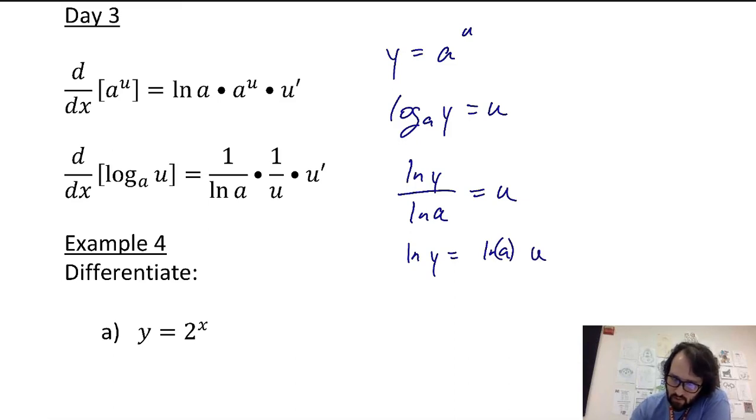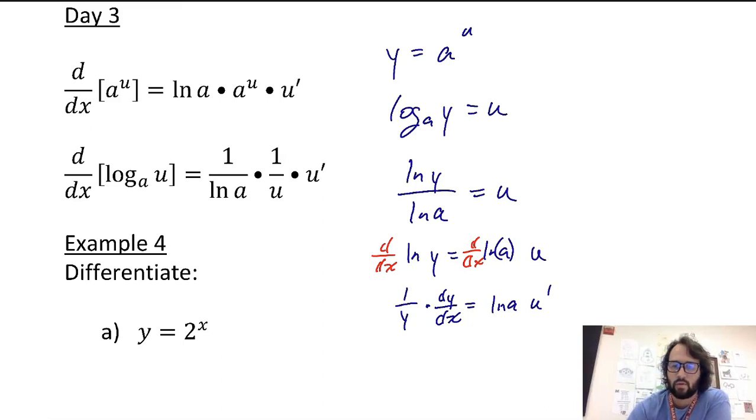Now I can differentiate, and again, this is going to imply a little bit of implicit differentiation. So this will turn into 1 over y, because I'm taking the derivative of natural log, so it is 1 over the thing inside, and then times the derivative of the thing inside, which is my dy dx, equals ln of a, because that is just a constant, and then whatever the derivative of u is.